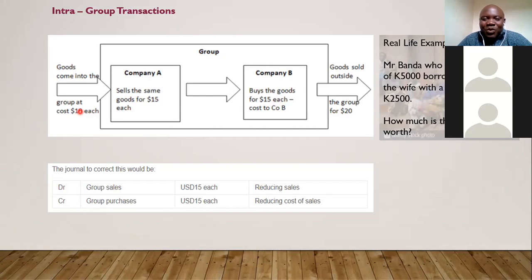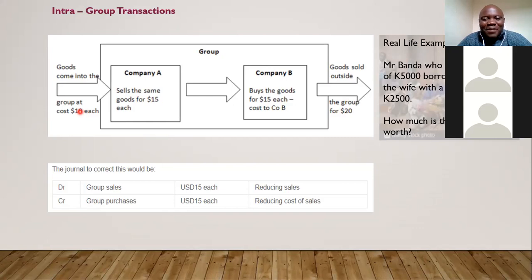In the books of company B, it shall be recorded as a cost of 15 kwacha each. But in the books of company A, it shall be recorded as sales.